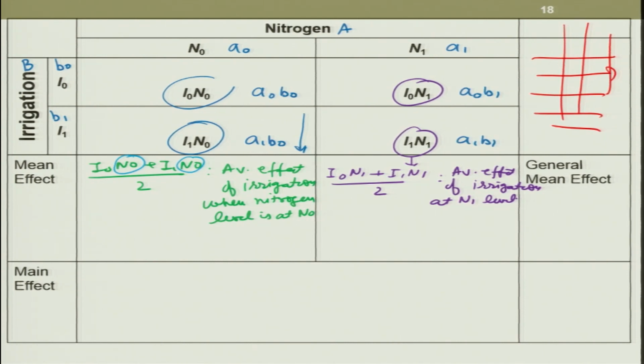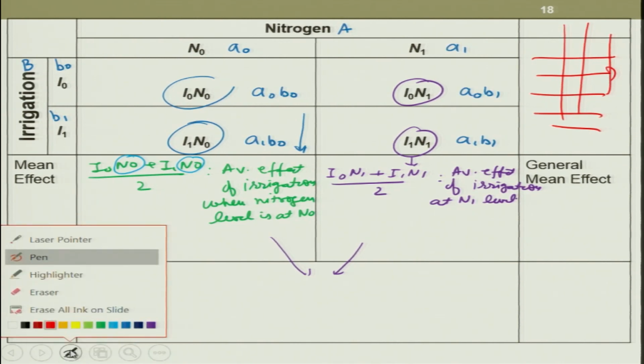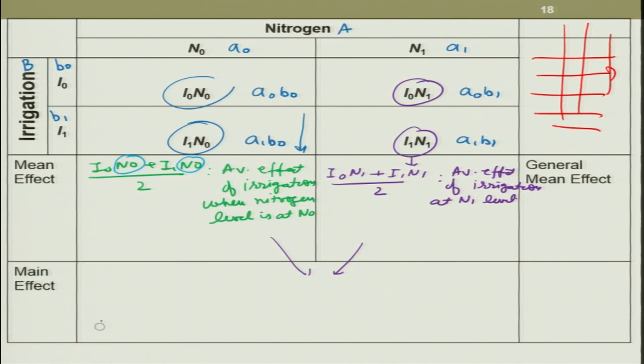And if you compare them, I will find the average effect of irrigation at N1 level minus the average effect of irrigation at N0 level.